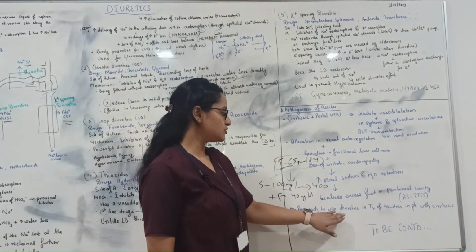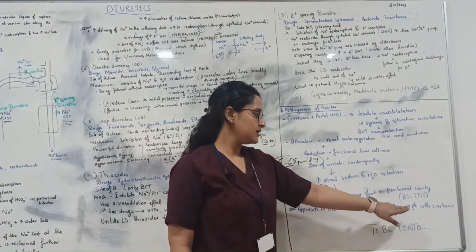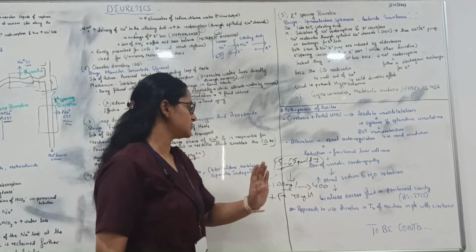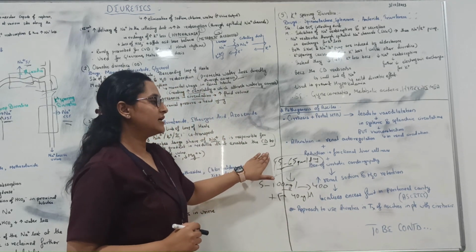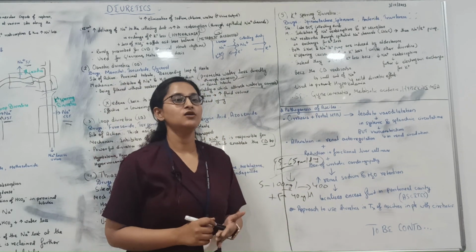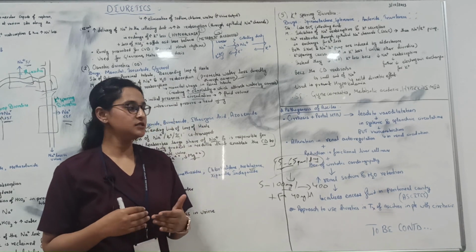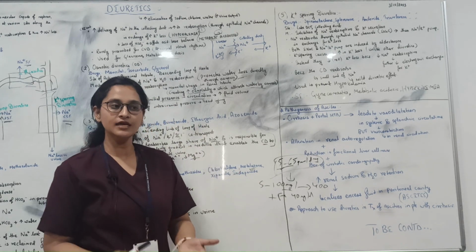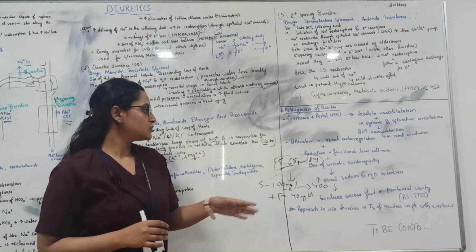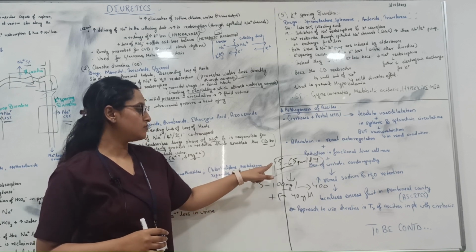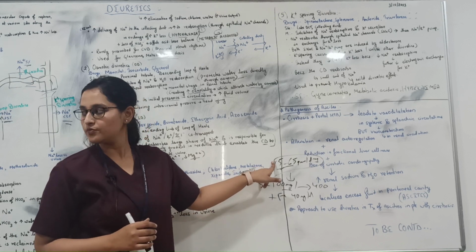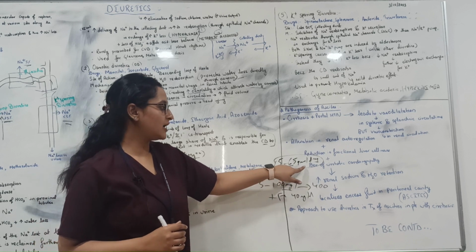Now the approach to the use of diuretics in the treatment of ascites in a patient with liver cirrhosis. First, we need to see if the patient has come for the first visit, for the ascitic tap fluid and all. In those patients we need to monitor the salt intake, which should be 5 to 6.5 grams per day.